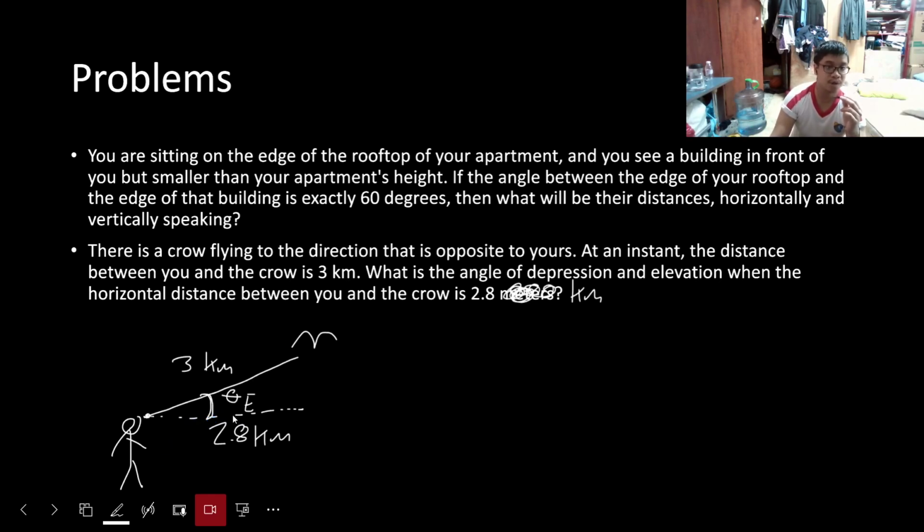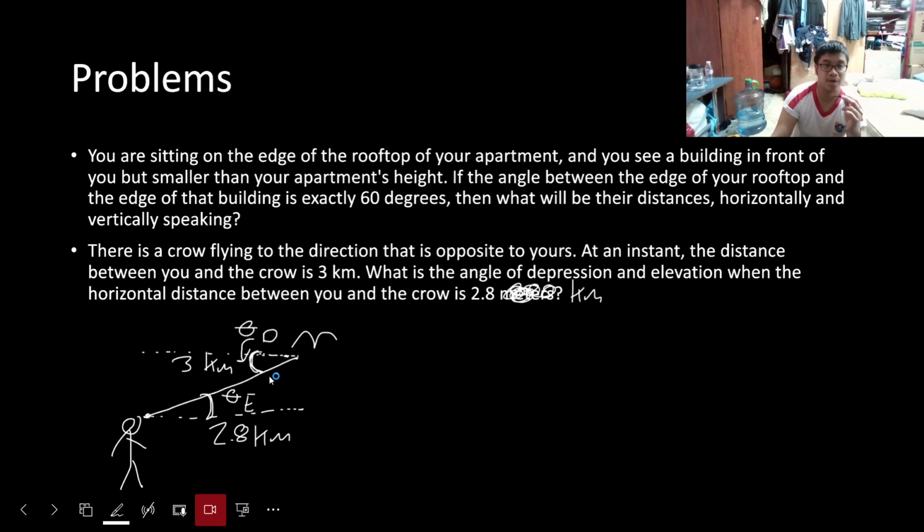Is it below this line or somewhere else? The answer is it's somewhere else, which is actually here. We can make an imaginary line parallel to the horizontal distance here. So here we can form an angle at this point, which is the angle of depression, right?